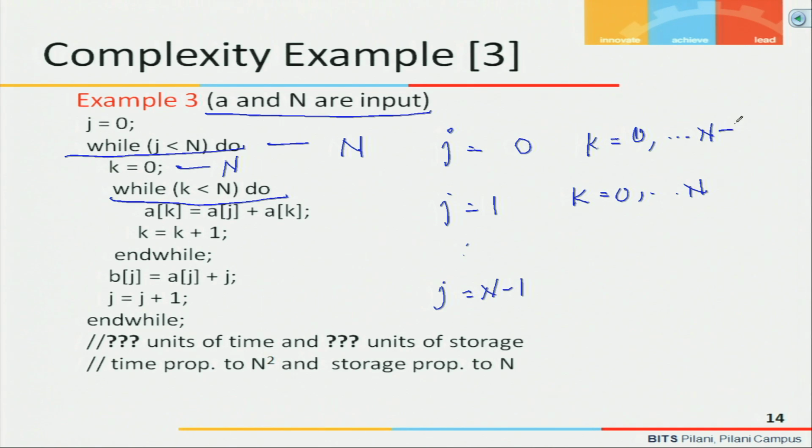Excuse me for that, and k also will be 0 to n minus 1. Now, this gives us a better picture of the particular algorithm. So, for each value of j, we are going to execute these statements this many times.